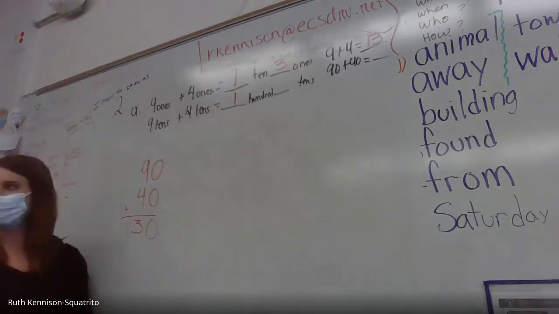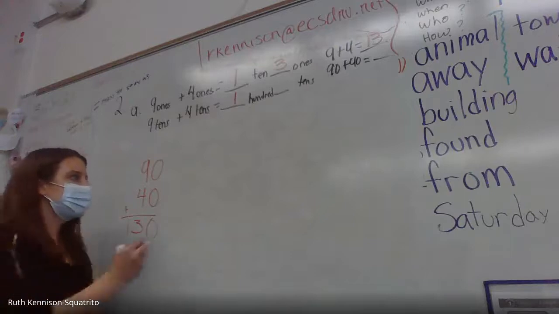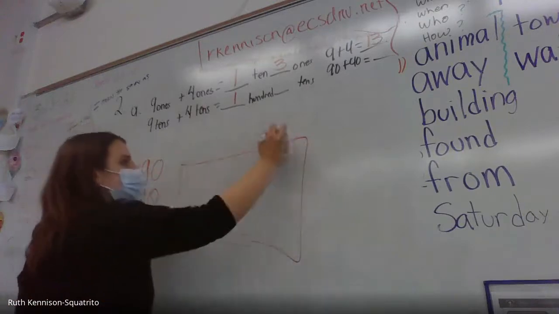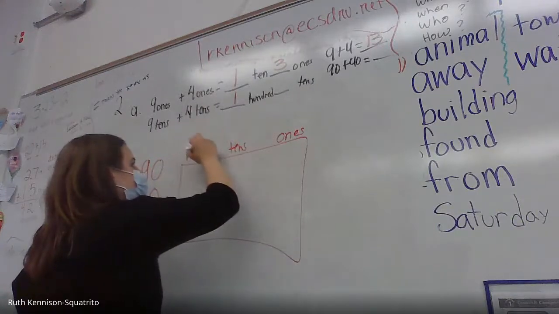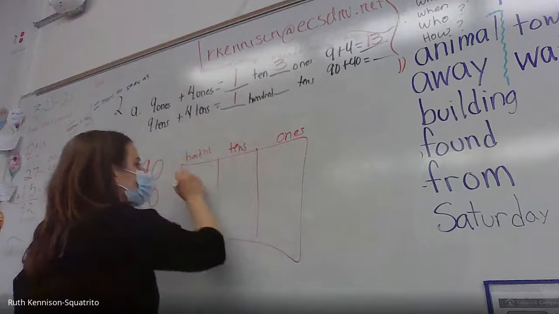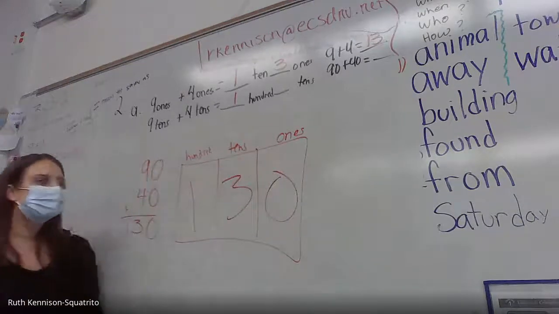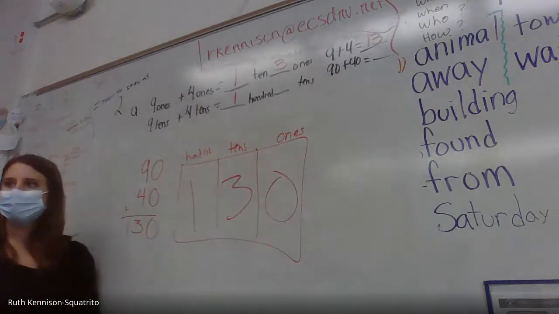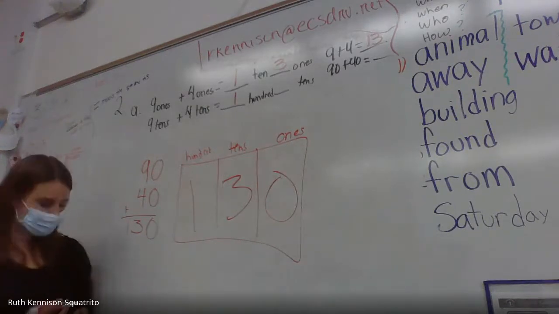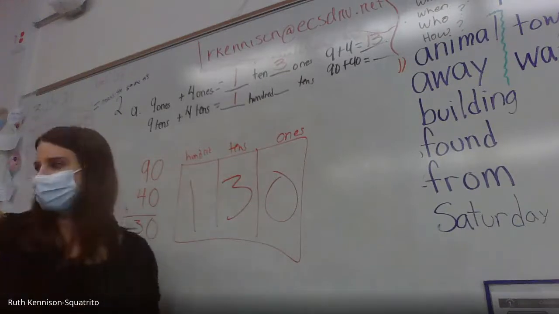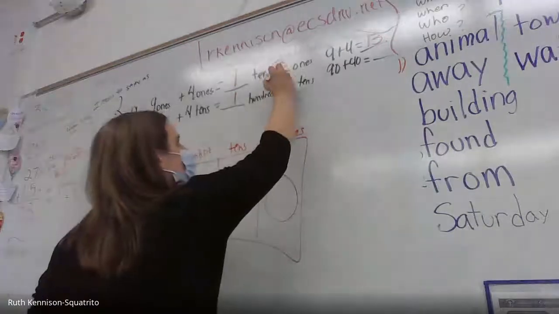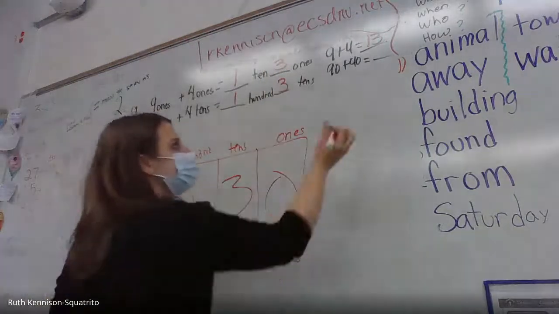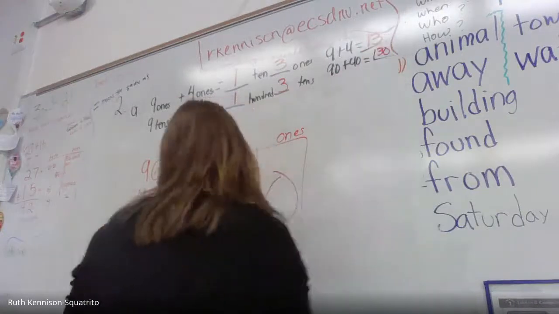Sophia? Think of your place value chart. Ones, tens, hundreds. If I were to write this in here, 130. Say it again, Sophia. How many are in the tens? 3. There we go. So yes, 1 hundred 3 tens, which is 130.